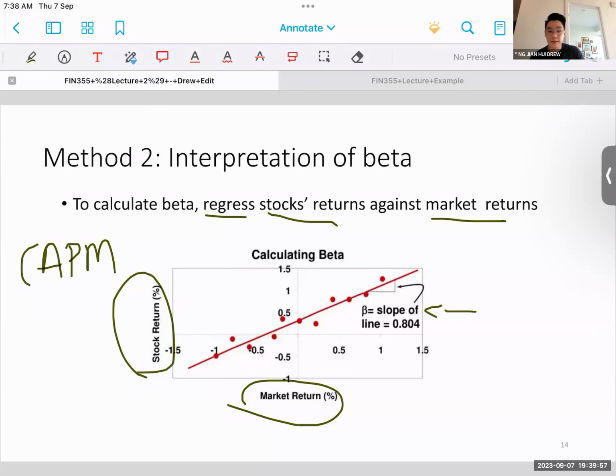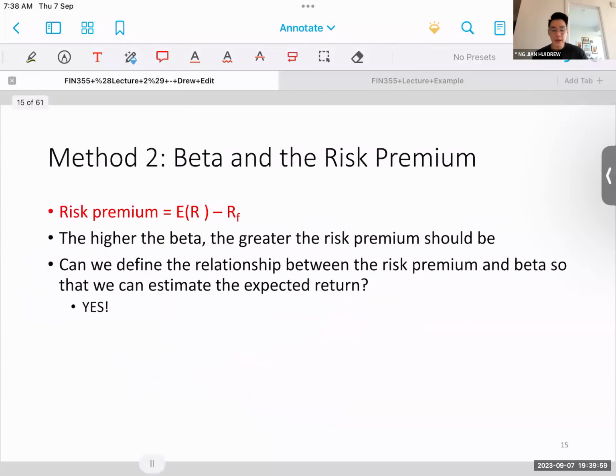Okay. All right. So once we calculate the beta, now we can calculate the risk premium. Again, risk premium is what is above the risk-free rate, right? So it's the return on your equity minus your risk-free rate. That's your risk premium. Higher beta generally should have higher risk premium.